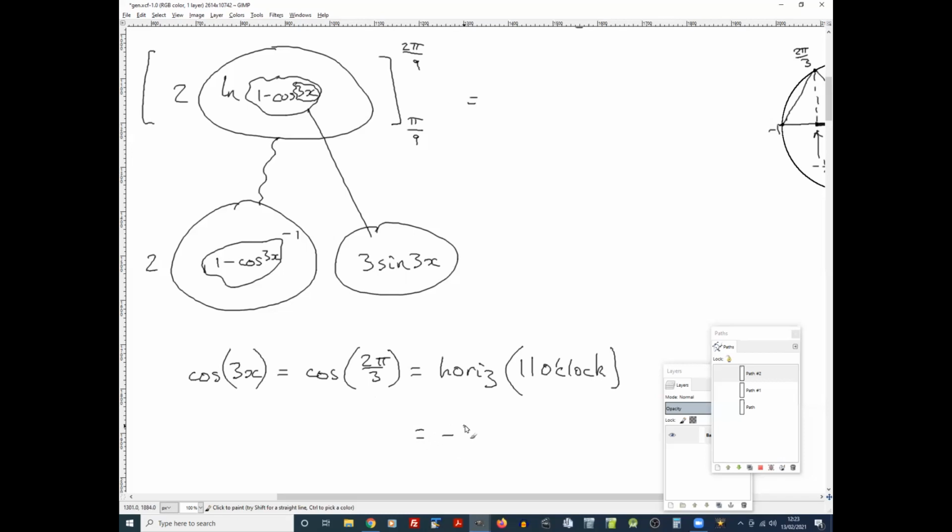Minus half. Good. So 1 minus cos of 3x equals?